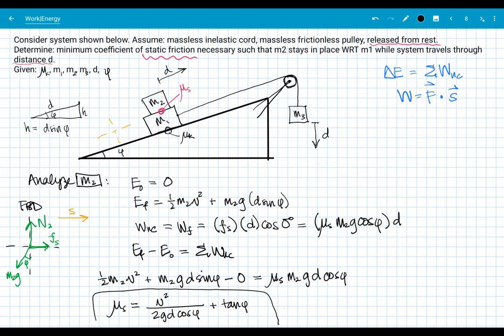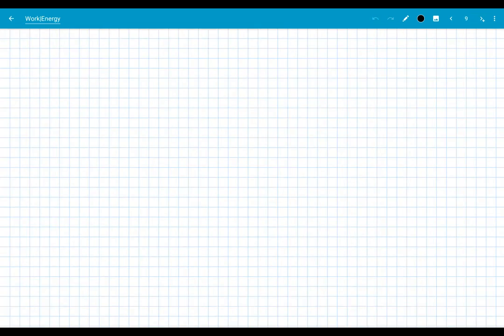What this tells us is that we need to find that final speed there. We're not done at this point. So now analyze the entire system.